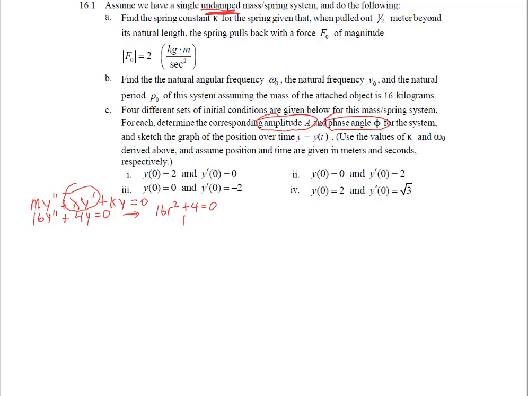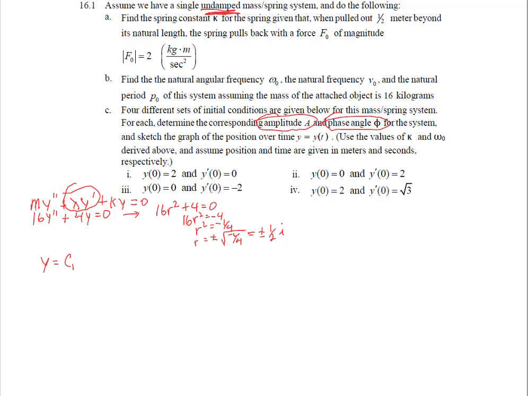So 16r squared equals -4. R squared is -1/4. Doing the square root of both sides, we get plus or minus the square root of -1/4, which comes out to be 1/2 i, which tells me that my solution is going to look like this.